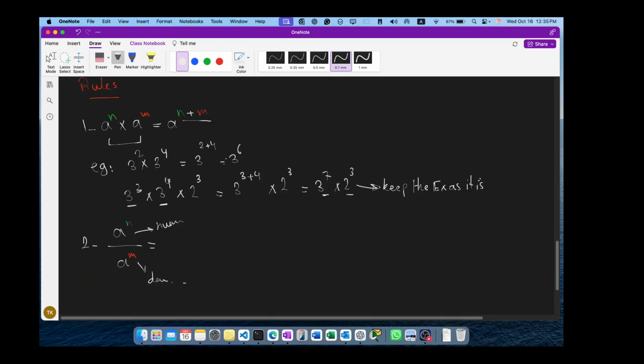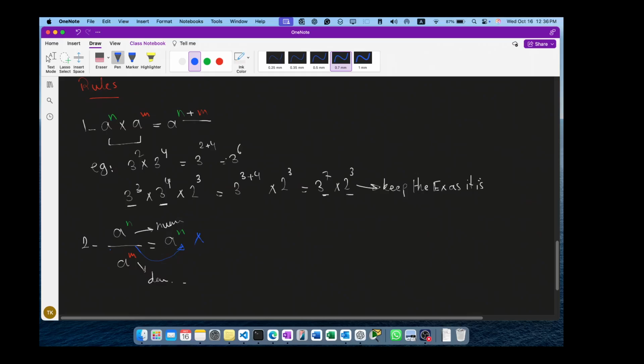In this condition, I will keep the numerator as itself with its power, but I will turn the division into multiplication. Division became multiplication, right?